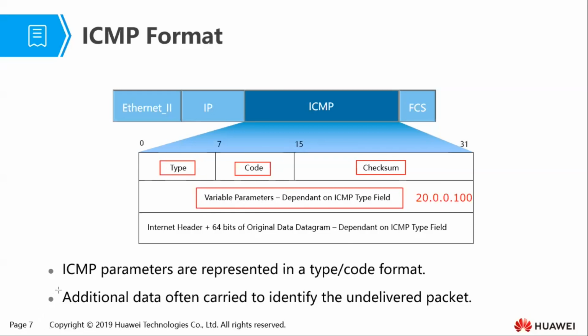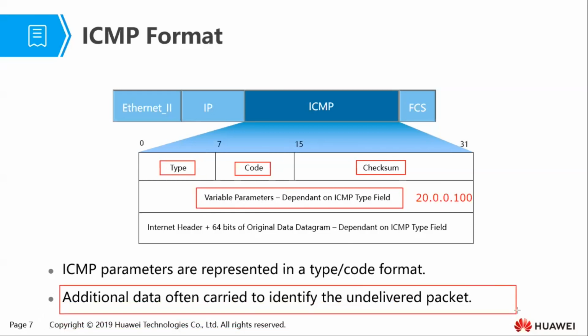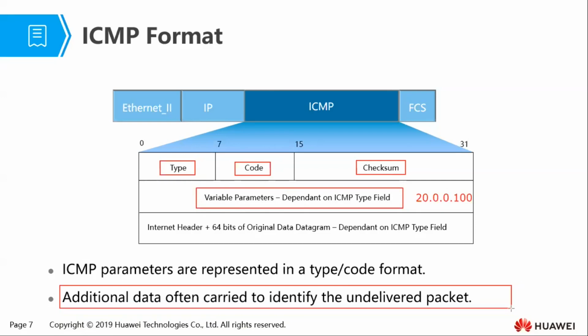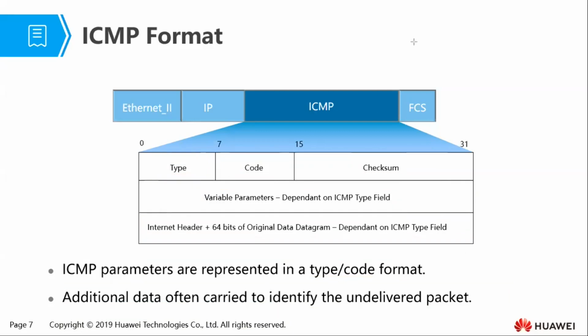And that's what we are saying here, that additional data are often carried to identify the undelivered packet. Depending on the type of message that you're sending, we can have some additional data, and that is what happens in that field.